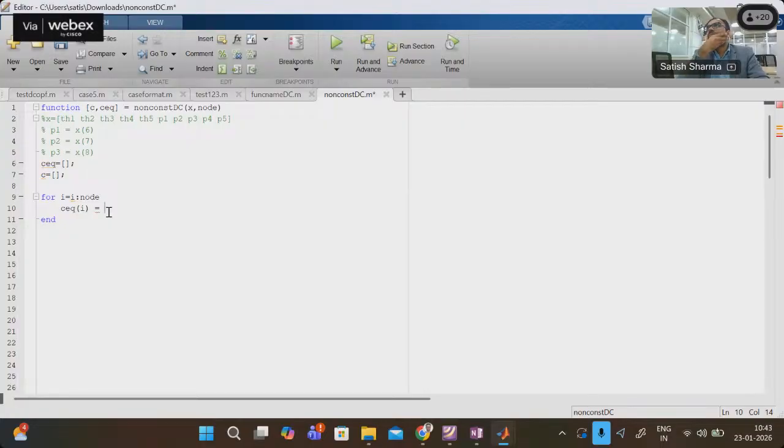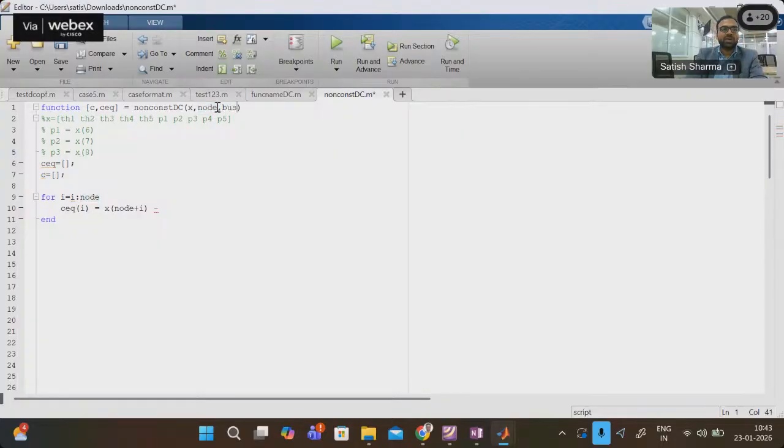PG minus PD. So what is PG? It is X, and PG's location is number of nodes plus i. This is PG's location, right? And then minus PD. PD is basically the demand, and demand is available in bus data.